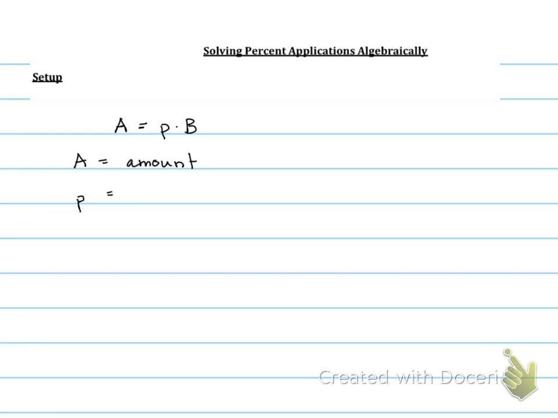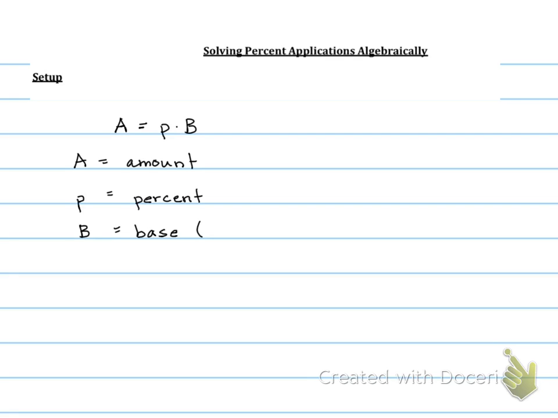P is the percent. And B is the base. And depending on the problem, the base has one of two meanings. It's either the total or it's what you started with.